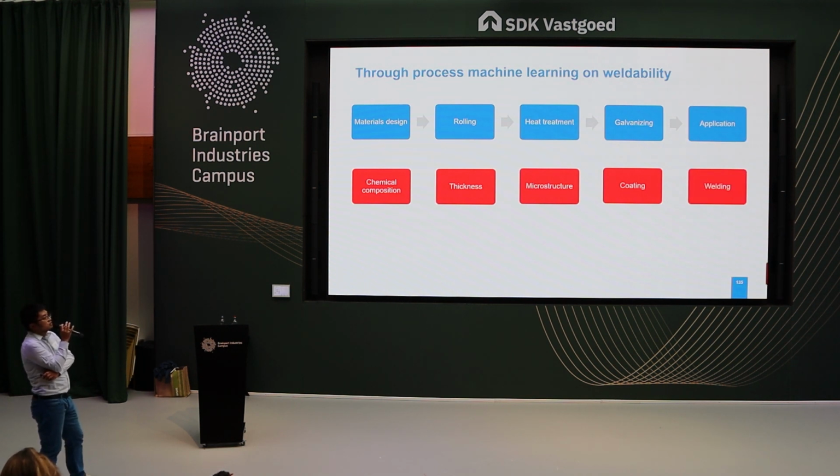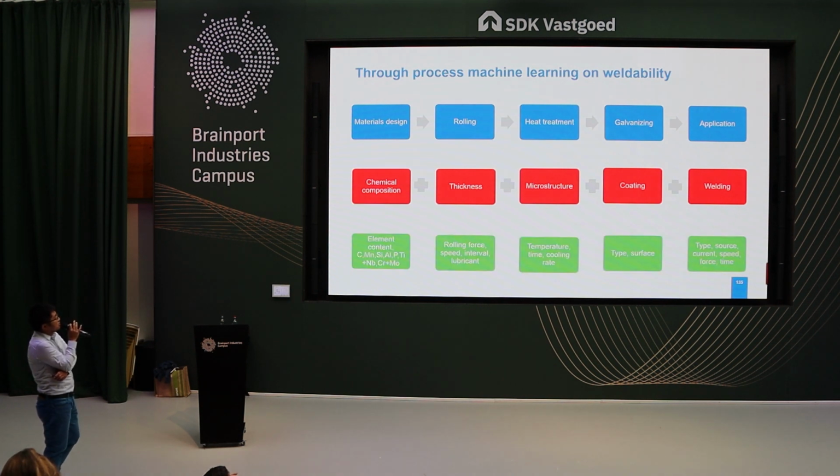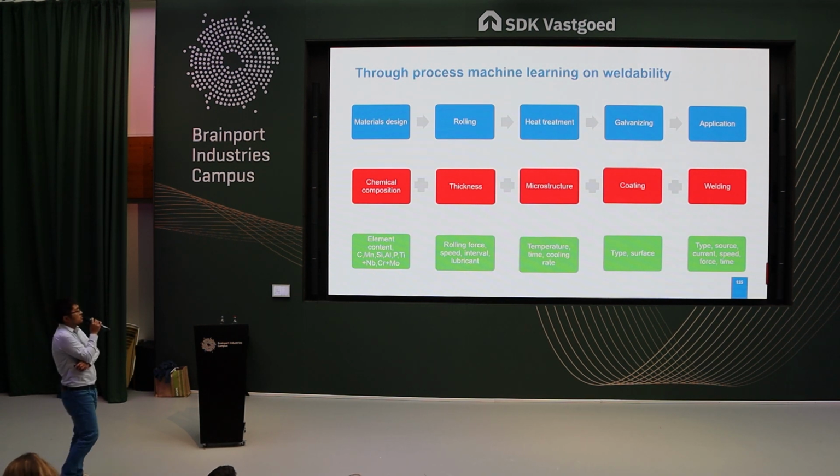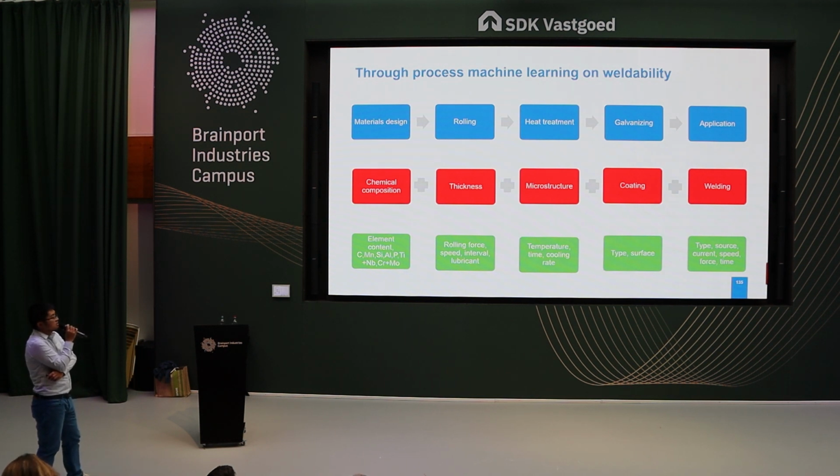So if you want to create such a model based on big data, these blocks are not in a sequential order anymore, but they become a parallel order. Then we have to translate these input variables to meaningful parameters, like chemical composition, where you have each element. For the rolling process, you have the rolling force, speed, and interval.